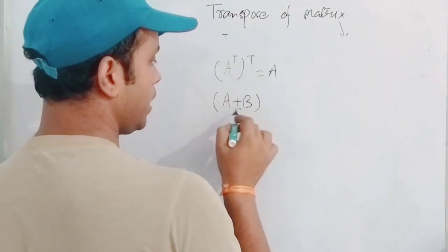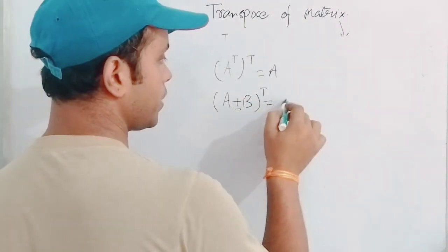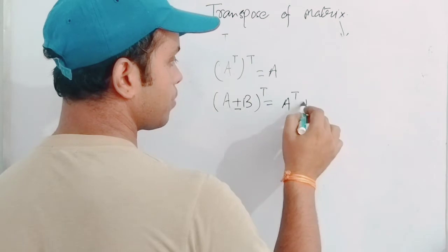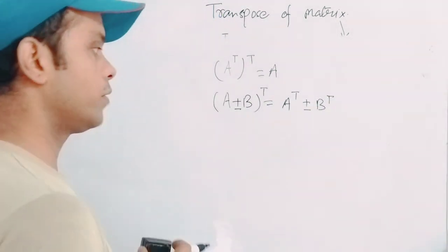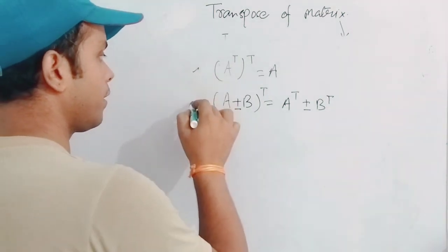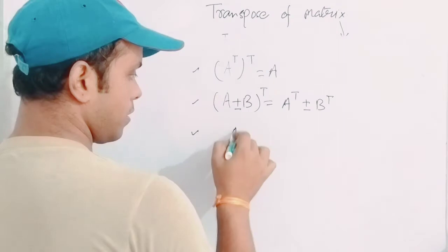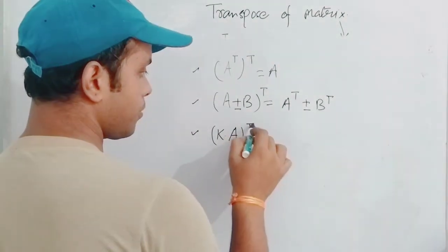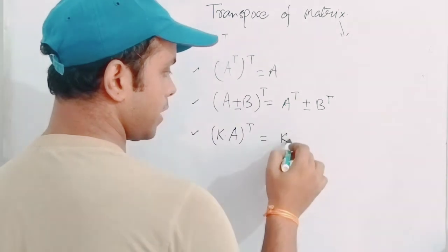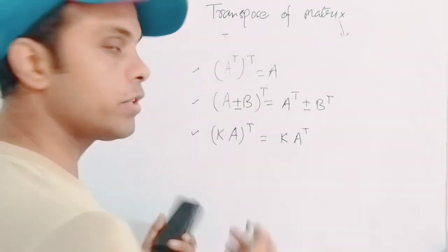(A plus B) transpose or (A minus B) transpose is the same as A transpose plus or minus B transpose. This is another property. Next is (K times A) transpose is the same as K times A transpose. This is the third property.